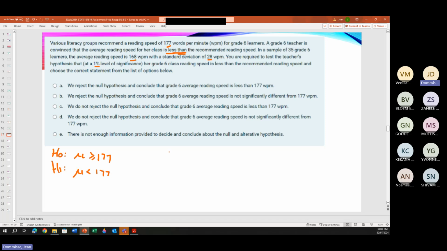So let's work out the Z. The average that she said, or the sample, is 168. The population is 177. Grade 5, so that is 2035.